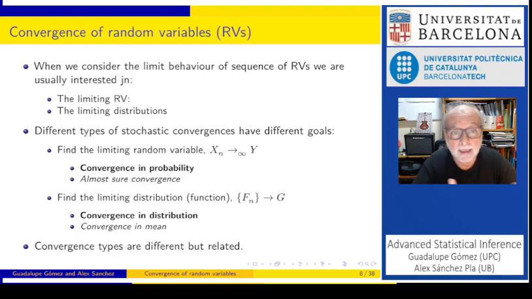Okay, so again, when we are talking of convergence of random variables, we may want to consider two types of limits.